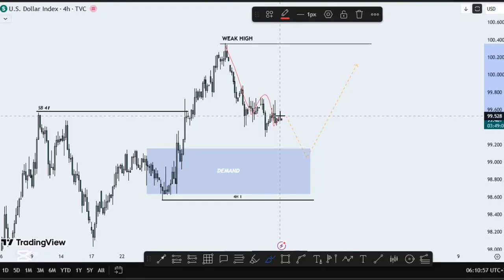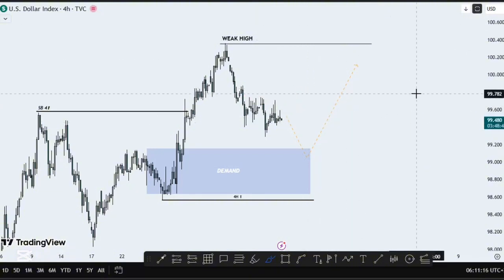So when is it going to switch to bullish? It's either that we tap into this demand zone and push, or that we break this accumulation zone and show strong bullish momentum. Once we show strong bullish momentum, then we can look for bullish entries. So this is it when it comes to the 4-hour time frame and the DXY.